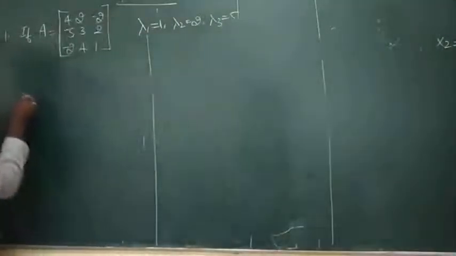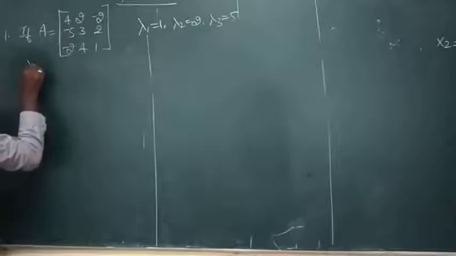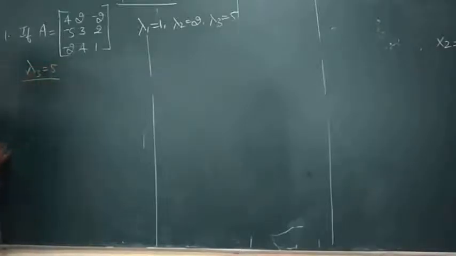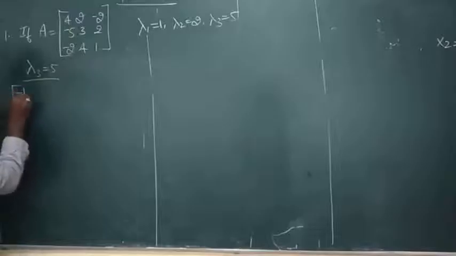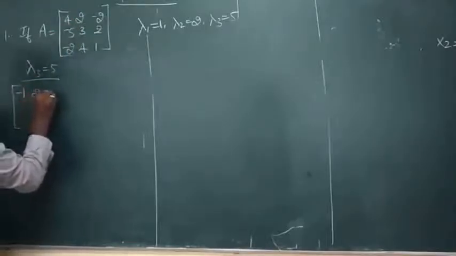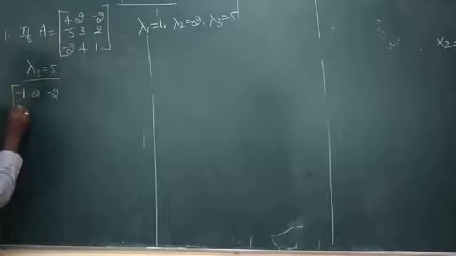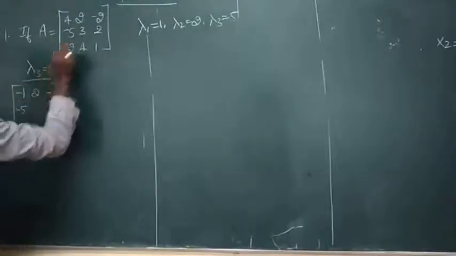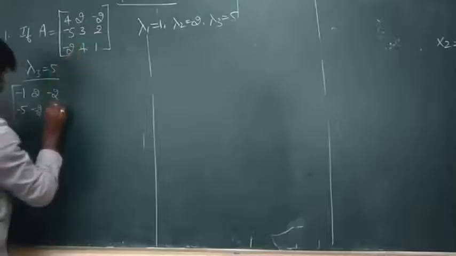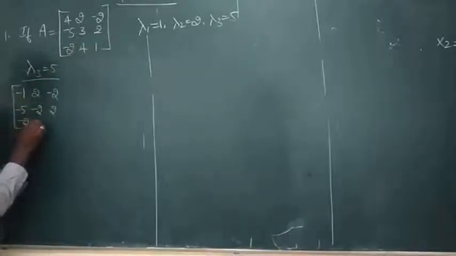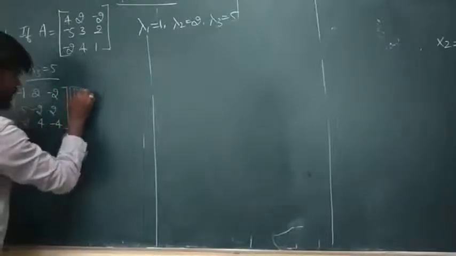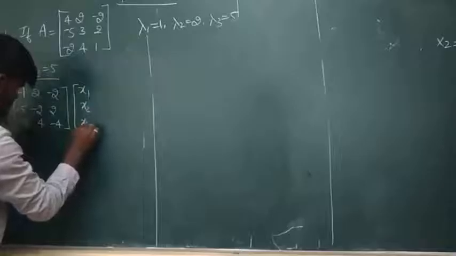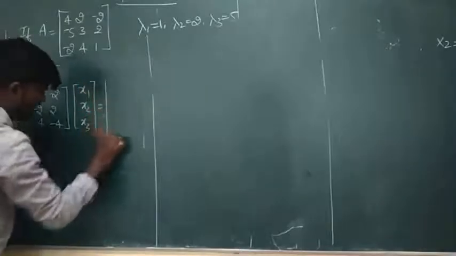So the eigenvector corresponding to the eigenvalue lambda 3 equal to 5: by substituting 5 in place of lambda, we get the matrix 5 minus 5, 4, minus 1, 2, minus 5, 3 minus 5 gives minus 2, 2 as it is, minus 2, 4, 1 minus 5 gives minus 4. The 3 unknowns as they are, x1, x2, x3, and the column vector containing zeros.